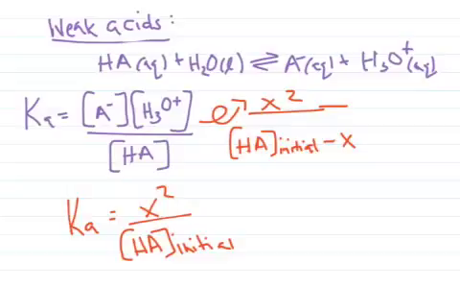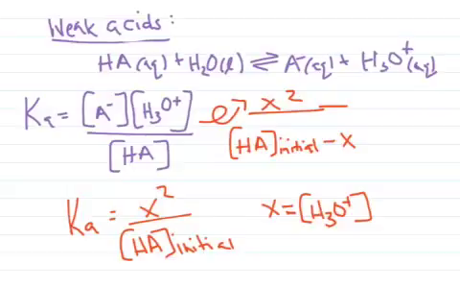Now, just like with the weak base, this time our x is going to also represent our hydronium, H3O+. So this really helps us go from pH, pOH, Ka to Kb just by knowing this information.